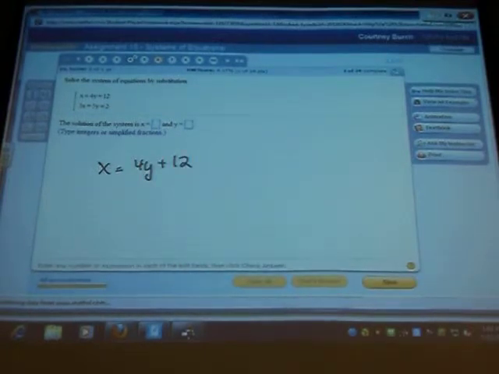And then my other equation is 3x plus 5y equals 2.